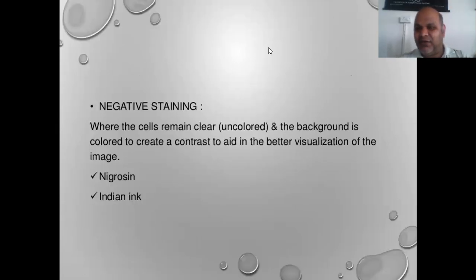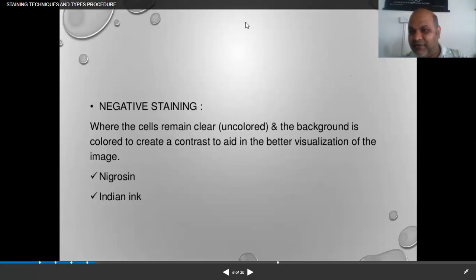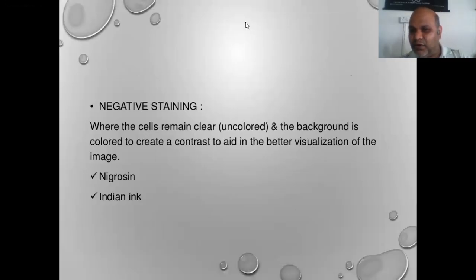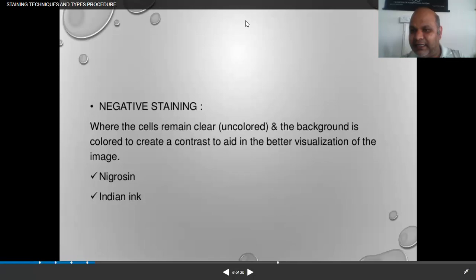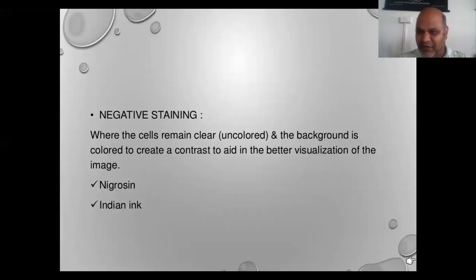Negative staining is again one type of staining in which we have a different view of staining the bacteria. So in the negative type of staining, what we do is color the background, that is the specific background where we kept the microorganism.